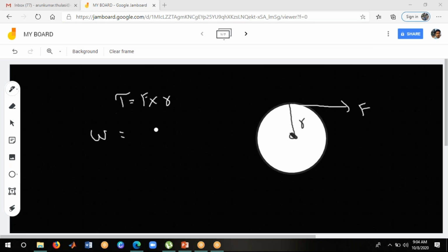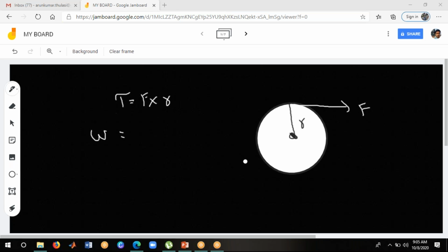What is the work done formula for this given pulley in terms of force?